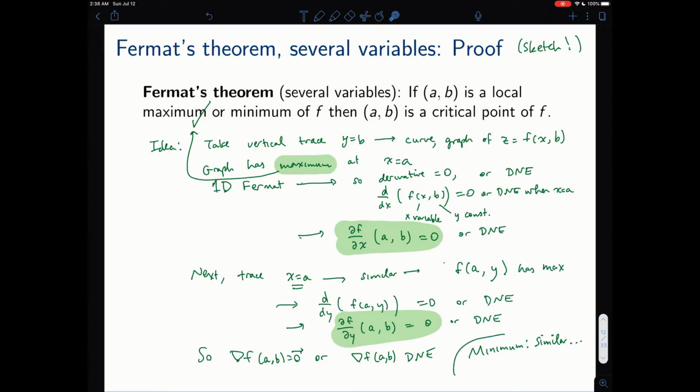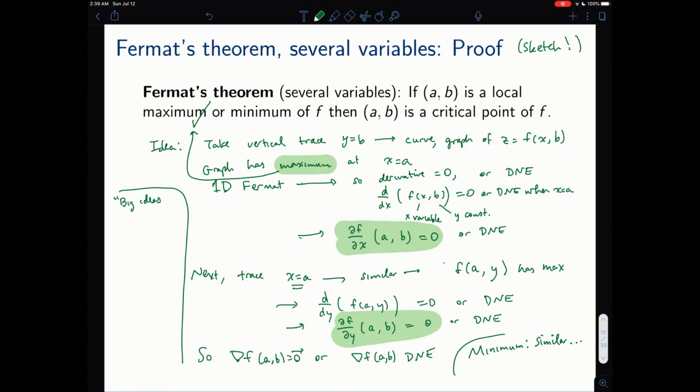So let's take a step back from the details. There were definitely some details that went into this. Let's look at the big picture. I think that we can take away two big ideas from this proof.